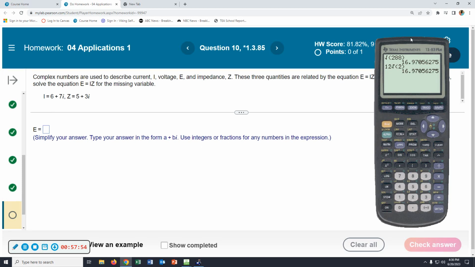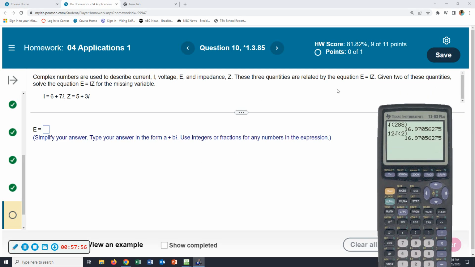Problem number 10. Oh. See, applications of this algebra. We've discussed complex numbers at this point. Complex numbers are used to describe current, I, voltage, E, and impedance, Z. These 3 quantities are related by the equation E equals IZ.